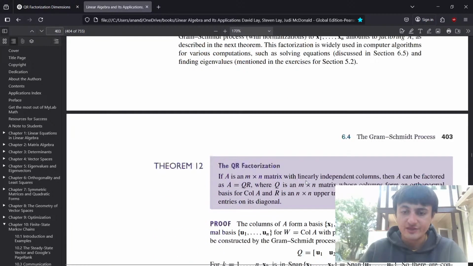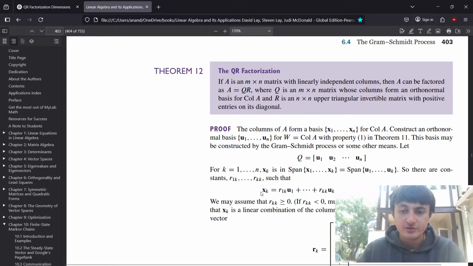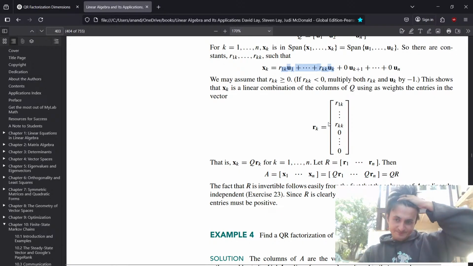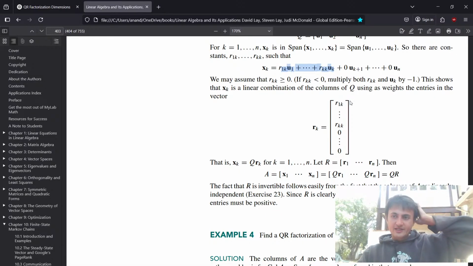The reason that makes sense is that when we figure out the linear combination to form our original basis, it's only going to use the first K coefficients or first K basis elements. So that's why it's upper triangular. And it's positive. You can make it positive.